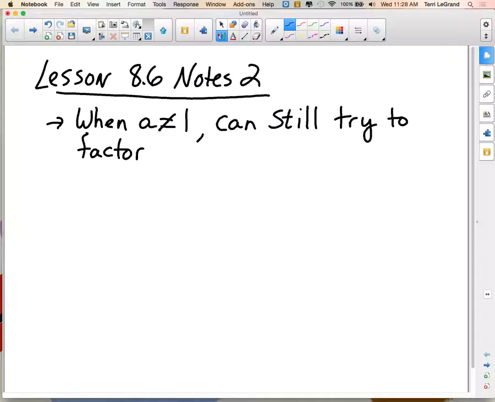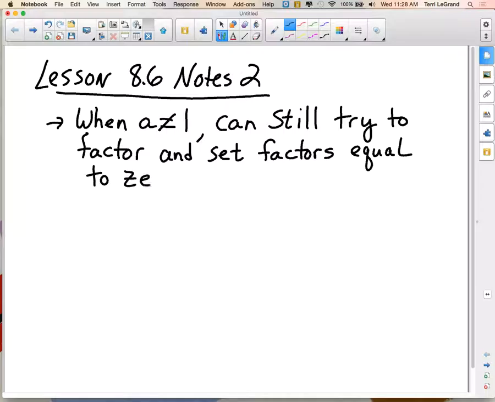So when A does not equal 1, we can still try to factor and set factors equal to 0 to get solutions. Or we'll just say solution. It could be more than one.